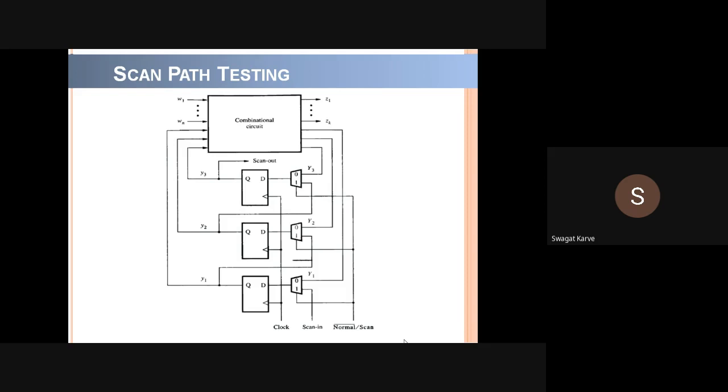Boundary scan can be known as JTAG. So these are the three popularly used methods for the testing of sequential logic.